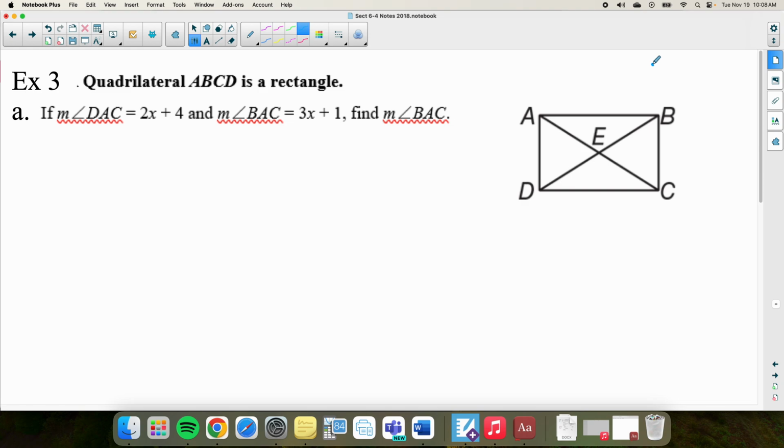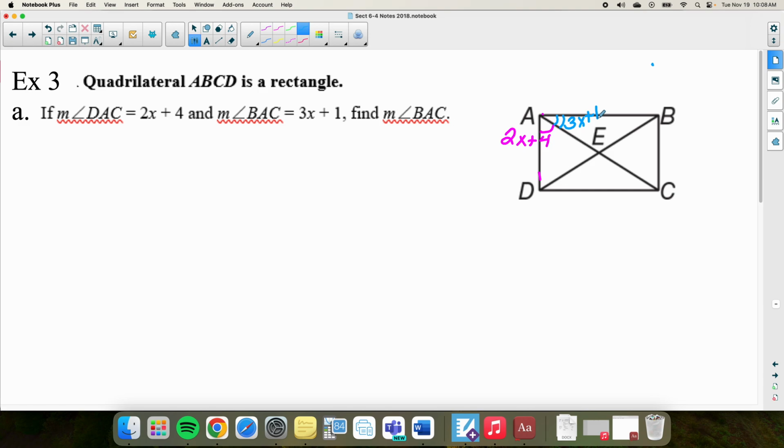And here it says the measure of angle DAC, which is right here, is 2x plus 4. And BAC, which is right here, is 3x plus 1. Okay? What do we know about those two angles if this is a rectangle?